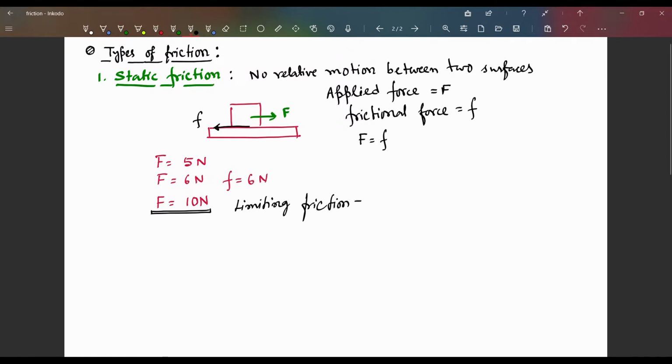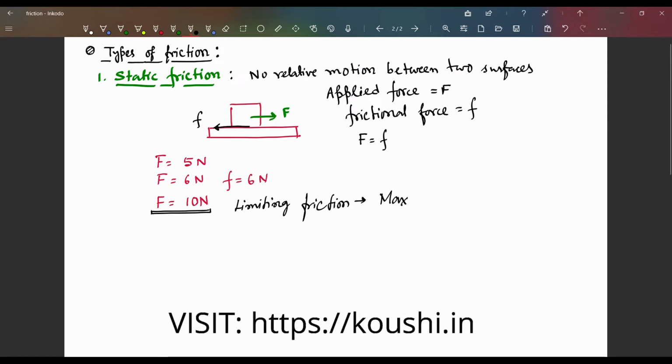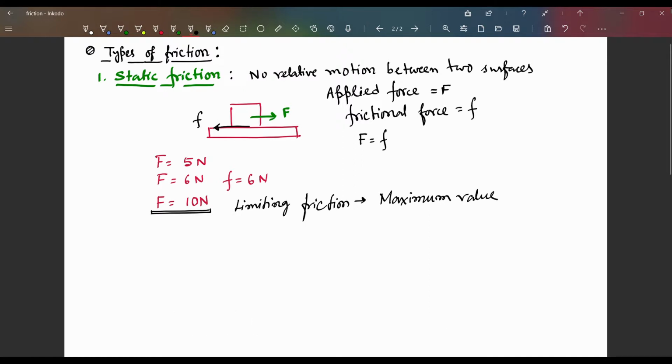Therefore, the limiting friction is the maximum value of static friction. Up to the limiting friction, whatever the applied force, the frictional force remains the same as the applied force. For that reason, friction is a self-adjusted force.